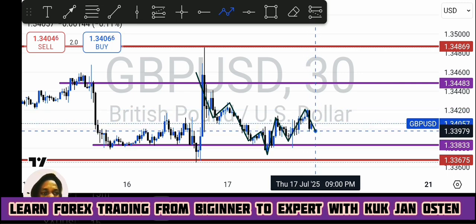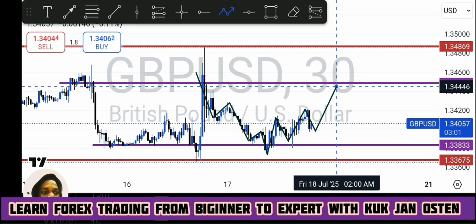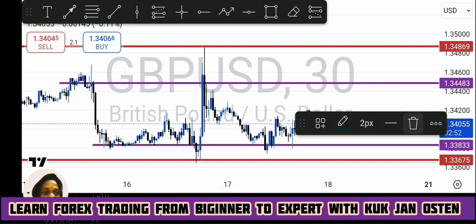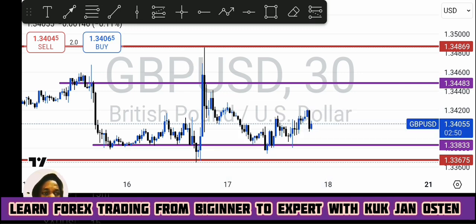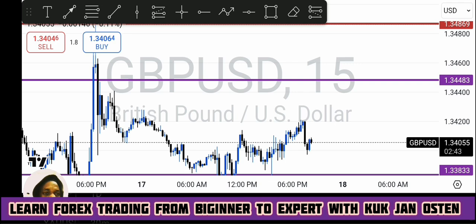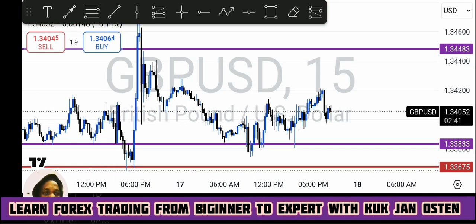Price came, bounced, came here. There was liquidity being collected here, forming a down bottom, then came back, swept out all the liquidity, broke its recent top, then came back. So there are some buyers in this zone.